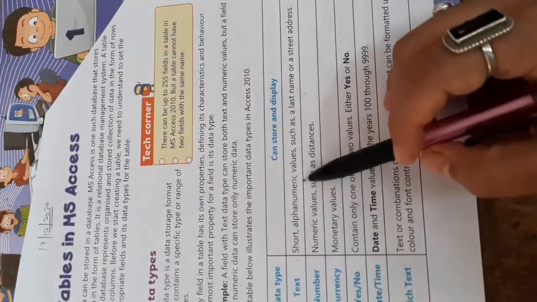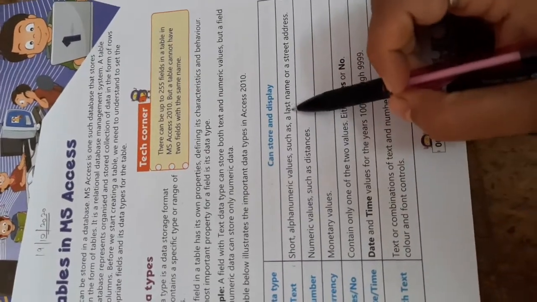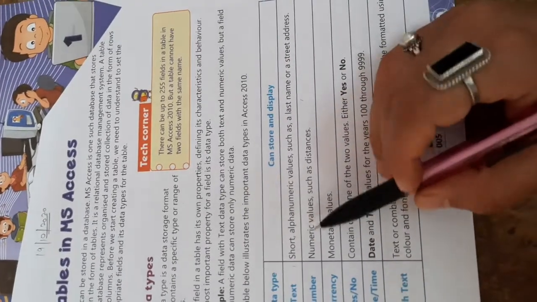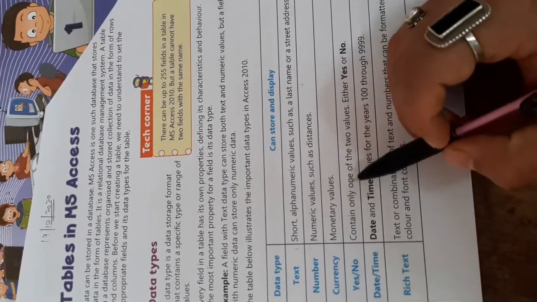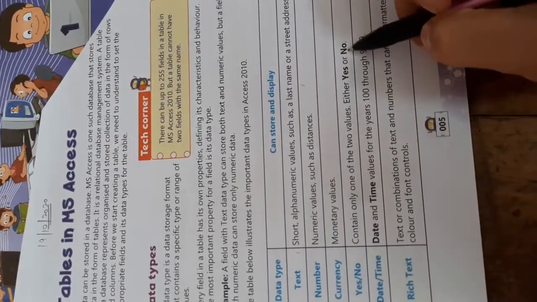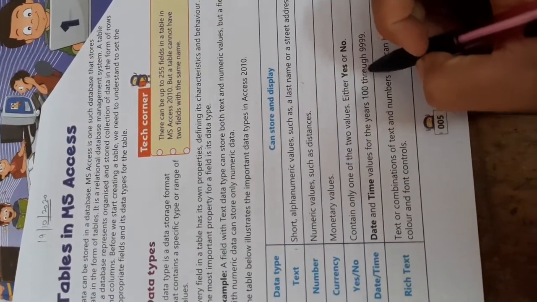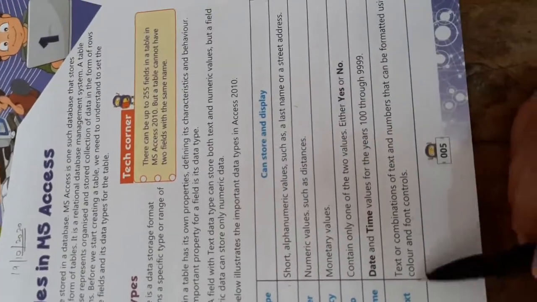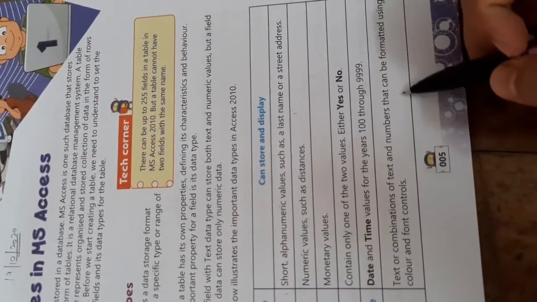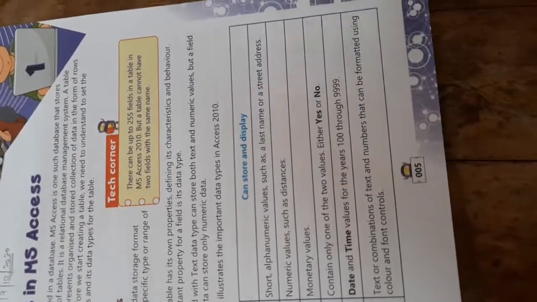These are the descriptions: short alphanumeric values such as last name or street address; numeric values such as distance; monetary values; values containing only one of two values, either yes or no; dates and time values for the years from 100 to 9999; and text, a combination of text and numbers that can be formatted using color and font controls.